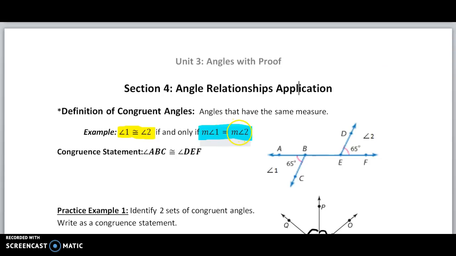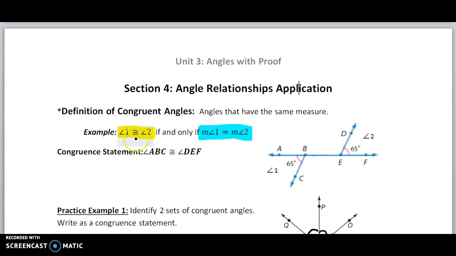Whereas if I use the equal sign, I'm talking about the measure. So in this example to the right, I see that I have 2 angles that are 65 degrees. So when I say that these 2 angles have the same measure, I would use equal. If I want to look at these 2 angles and use that pink congruent symbol, then I'm saying that those 2 angles are congruent.